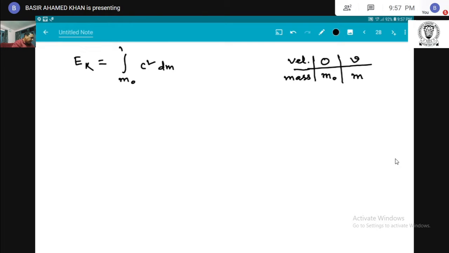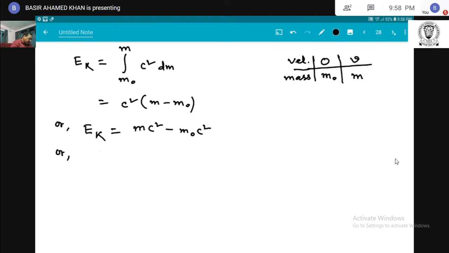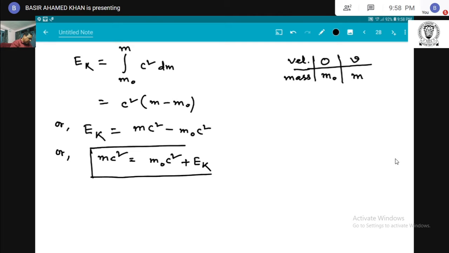That means it becomes c square into (m minus m0), or Ek equals mc square minus m0 c square, or mc square equals m0 c square plus Ek.